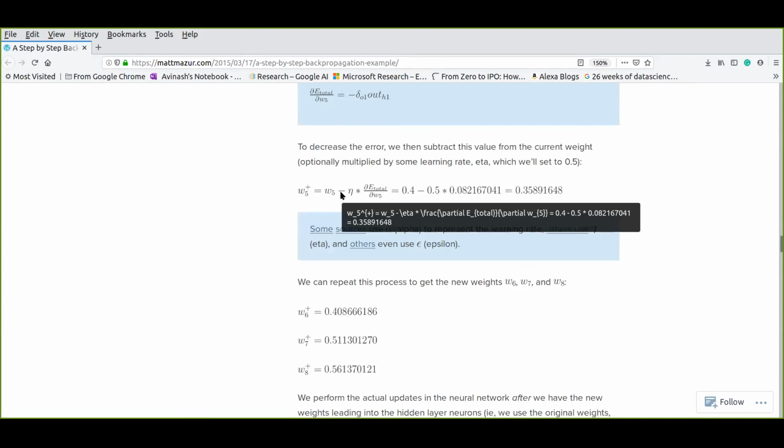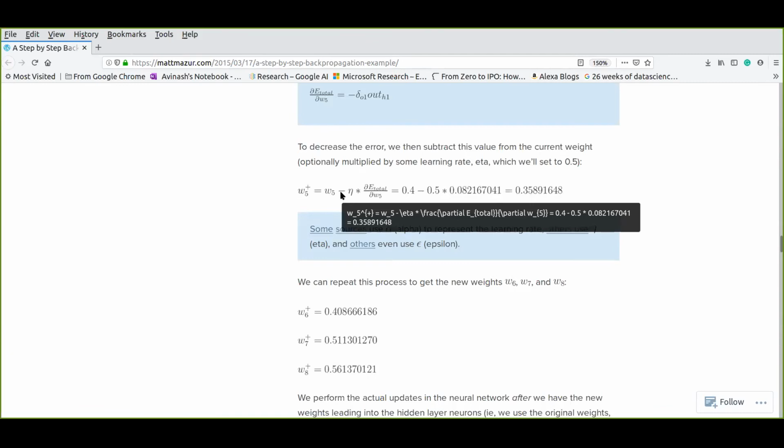Yeah. So I think it's more like when you start with some random weights, you're going to get a very high error. The loss function is going to give you a very high value. But considering the way the backpropagation works, you're going to try and move in the direction of decreasing loss, right?